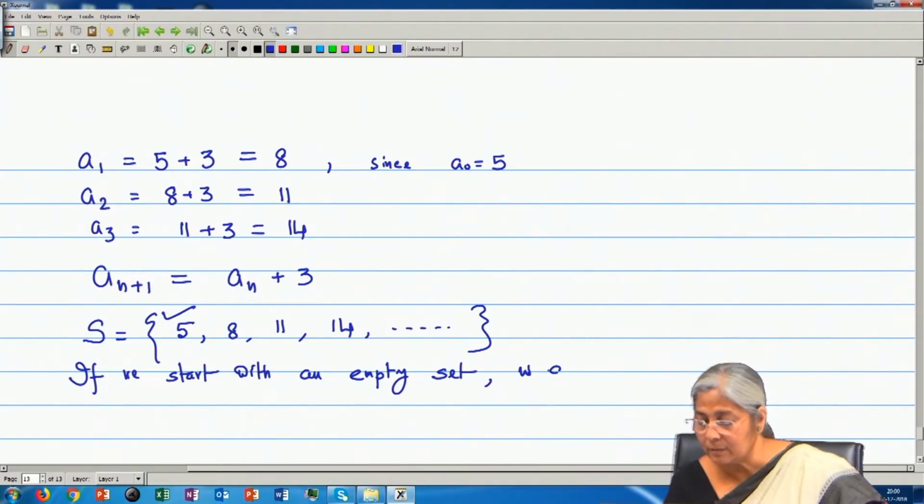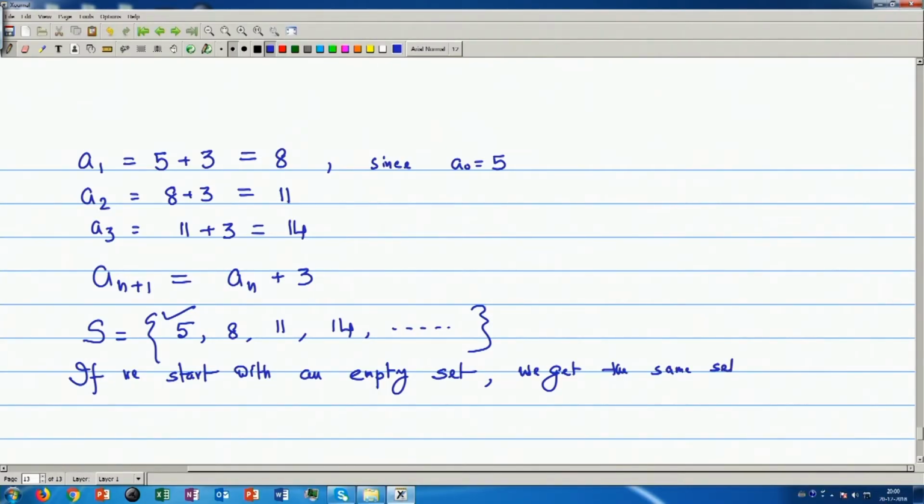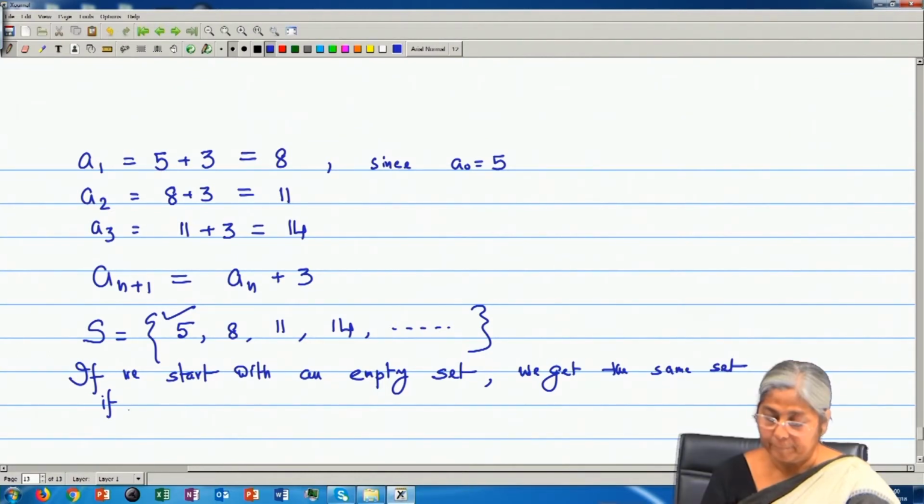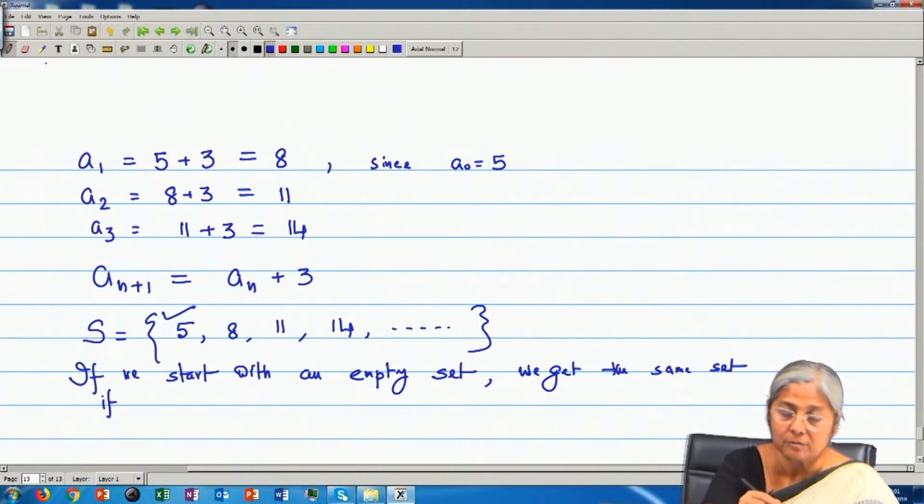We get the same set, but rules will be different. If we start with the empty set, our rule may be we give the same set with different rule.